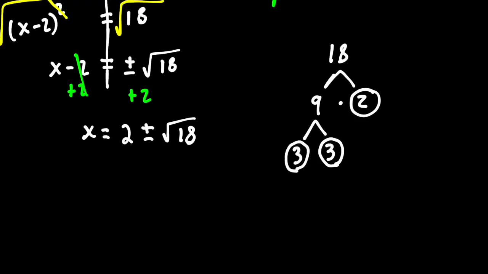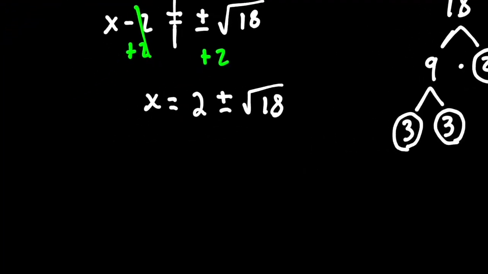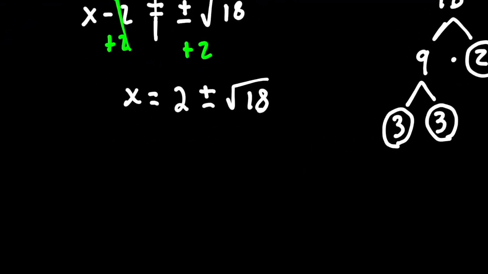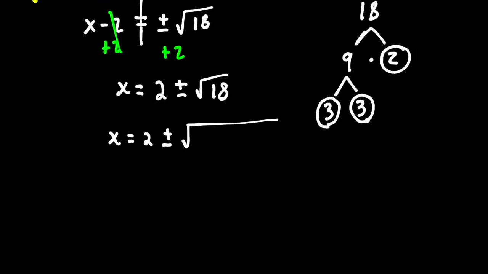Remember that a prime number is only divisible by 1 and itself. That's how I know that 3 and 2 are prime, because the only divisors are itself and 1. So now what I have here is x equal to 2 plus or minus the square root of, and I'm going to order these from least to greatest, so I'm going to put 2 and then 3 times 3.